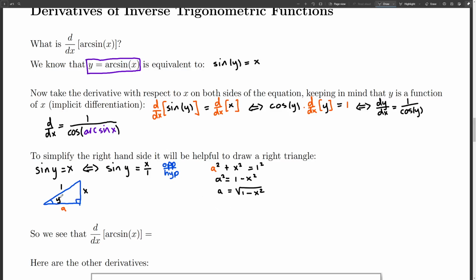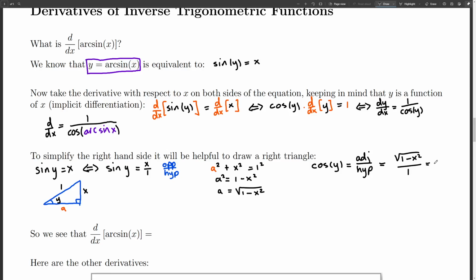Now, the other thing that I can do is, in this triangle, figure out what cosine of y is. Well, cosine of y is the adjacent side over the hypotenuse. We just calculated that the adjacent side is a, which is the square root of 1 minus x squared, and then we divide that by the hypotenuse, which is 1.